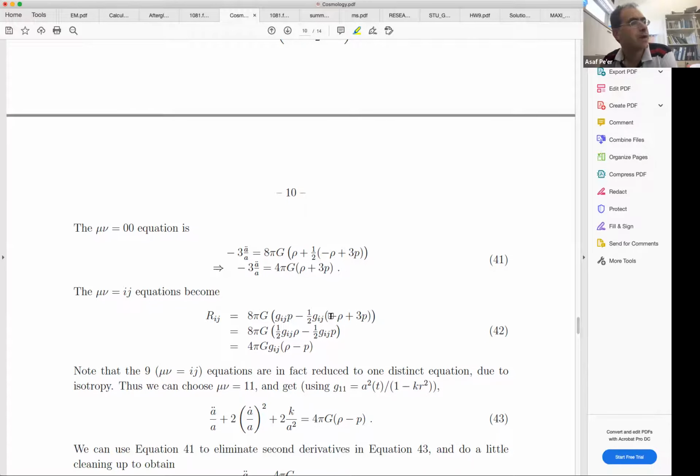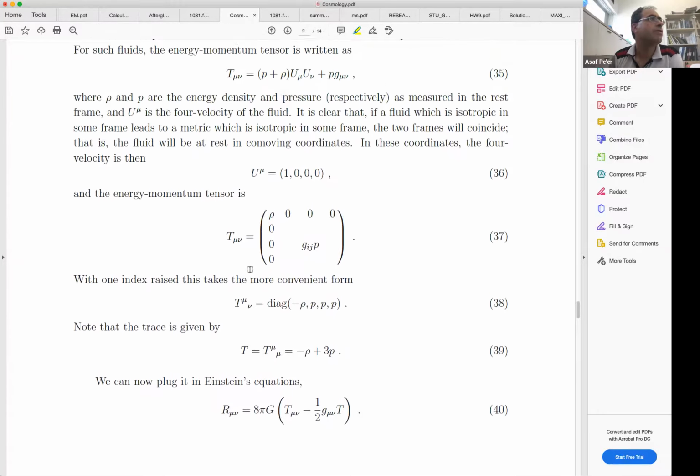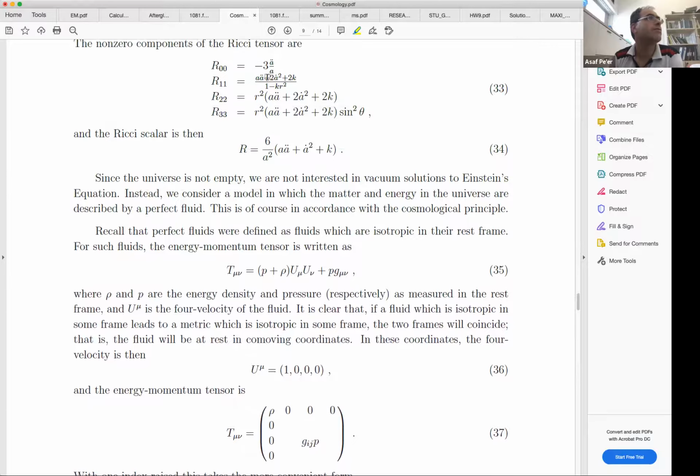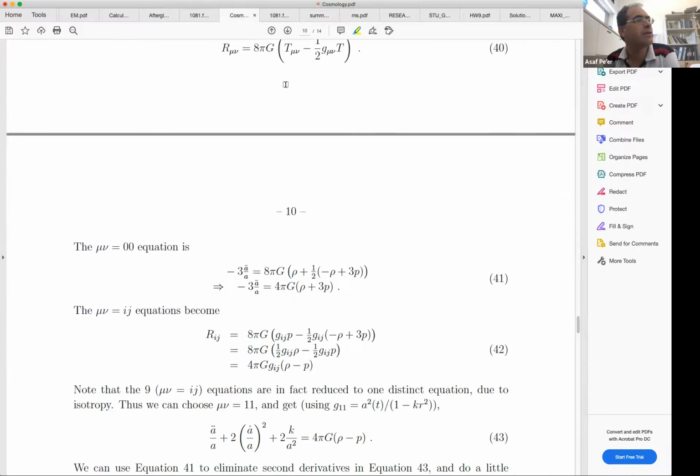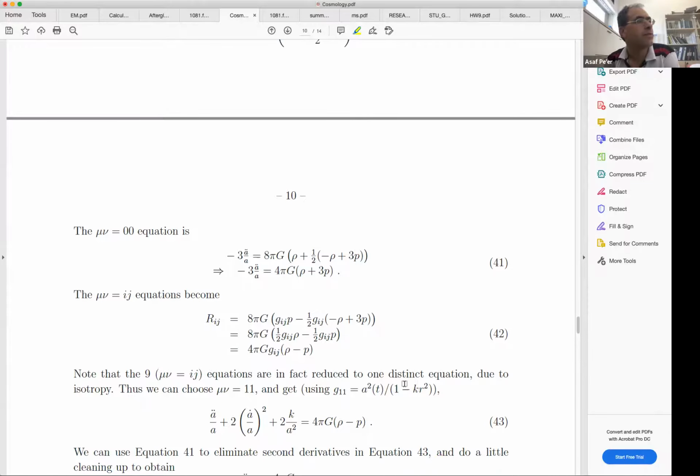Right? And R11, on the left-hand side, we derived it previously. It's A dot dot plus 2 A dot squared plus 2K divided by 1 minus KR squared. So the 1 minus KR squared will be cancelled with this 1 minus KR squared here.